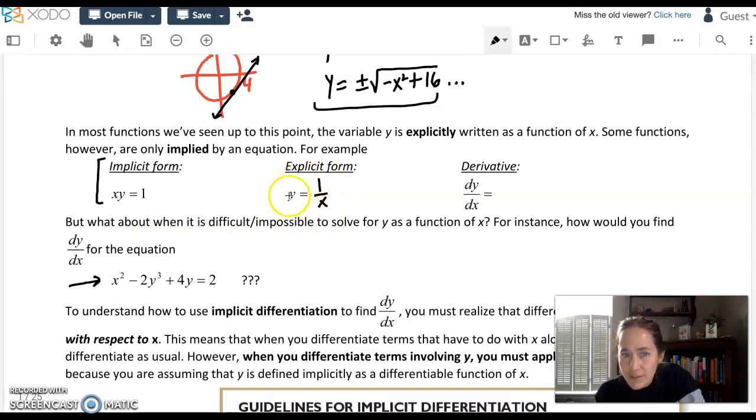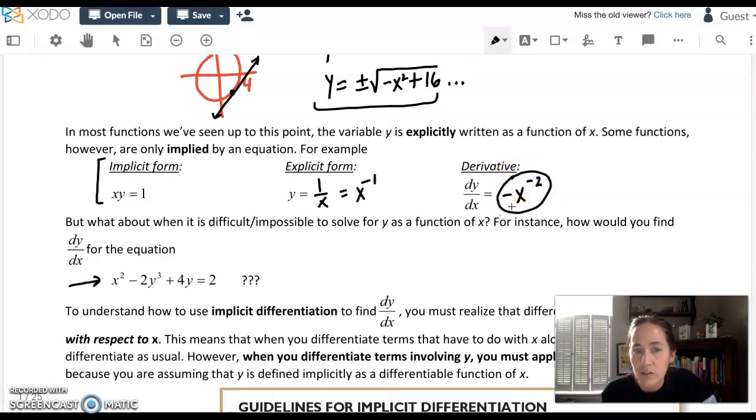And here I recognize this more as a rational function, a 1 over x graph. And I could even think of it this way algebraically, so it'd be really quick to use the power rule and take a derivative, right? Get a dy dx, negative x to the negative second power, and you have your expression for the rate of change. But what about the equation here, and what about the equations that we see further down the page?